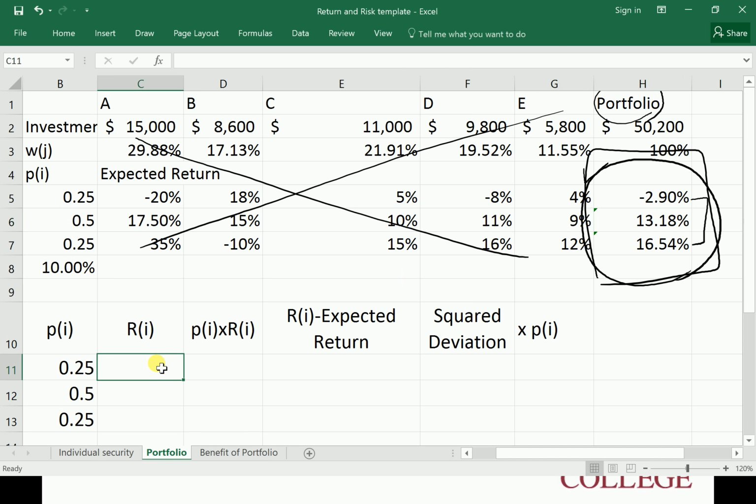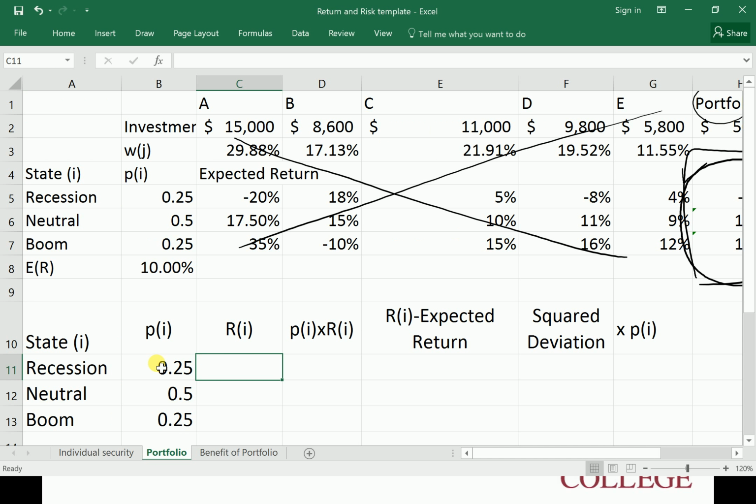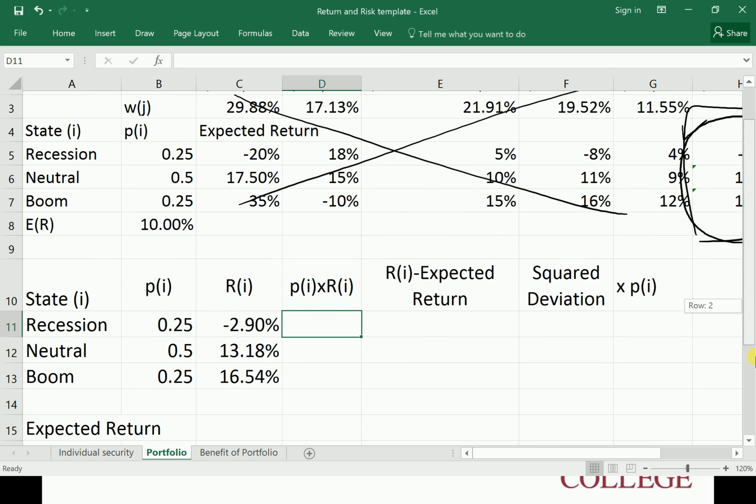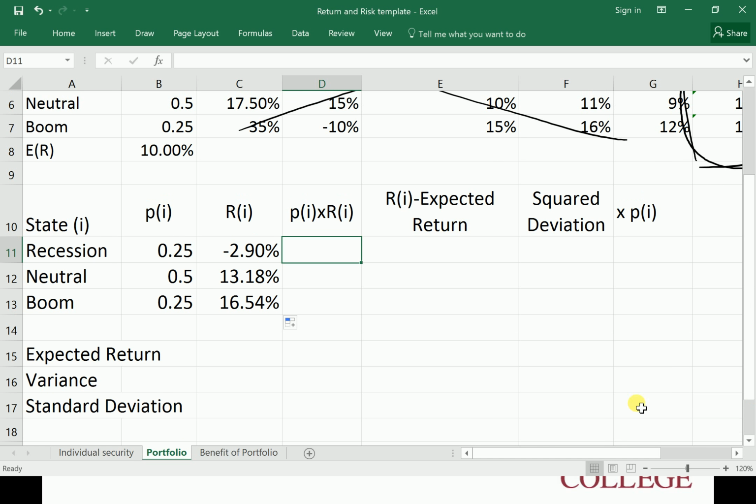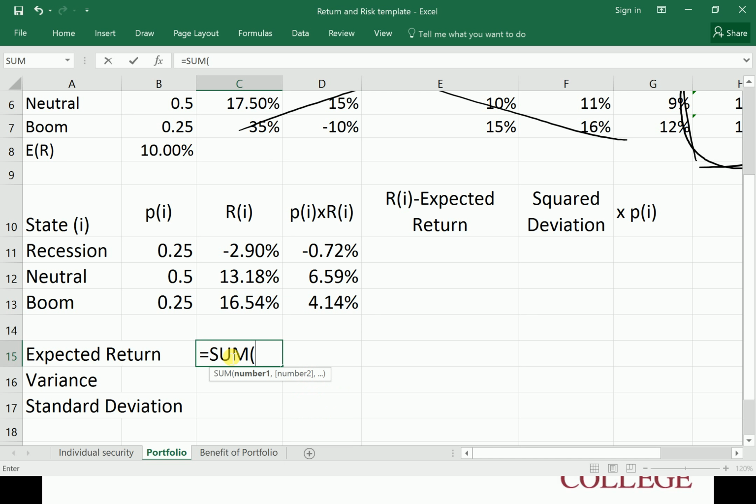So now the next spreadsheet, you just take the returns for each economic condition, and to find the expected return, first of all we have to find the probability times each return, right? And then the sum of these 3 will be the expected return, 10%.